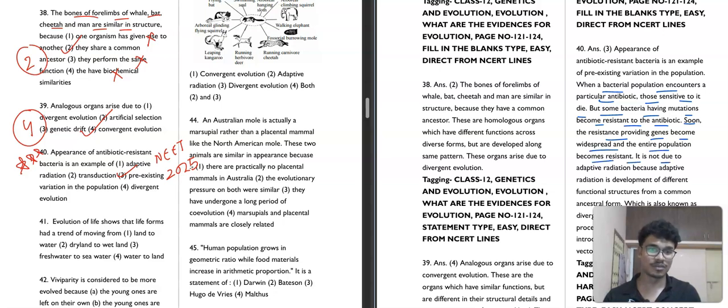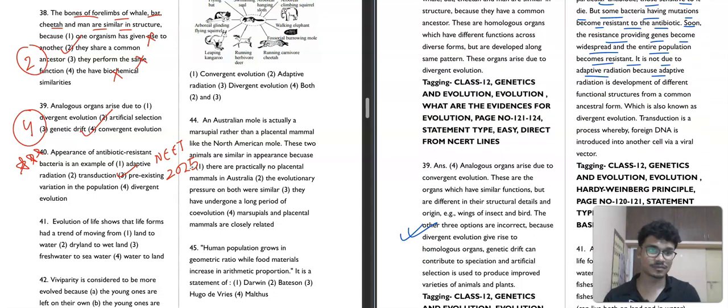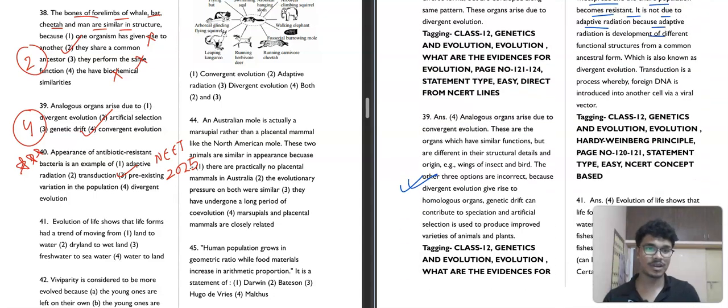So it is not due to adaptive radiation, because adaptive radiation is the development of different functional structures from a common ancestral form, which is known as divergent evolution. Transduction is a process where foreign DNA is introduced into another cell via a viral vector. So the third option will be our correct answer for this question.